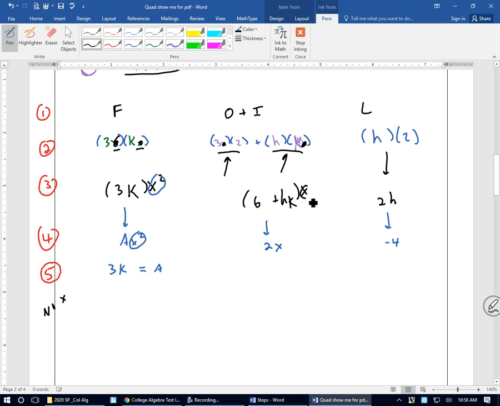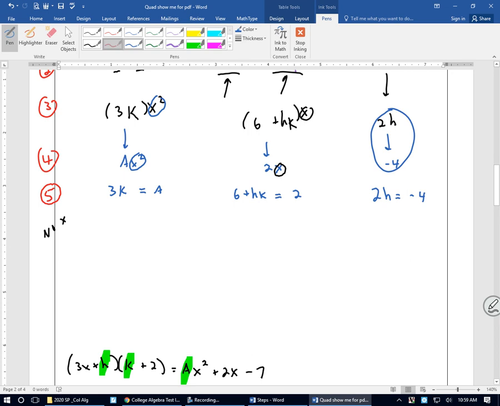After you take the x's out of this one, your coefficients are 6 plus hk and 2, and I'm going to equate them. There are no x's here, so 2h equals -4.